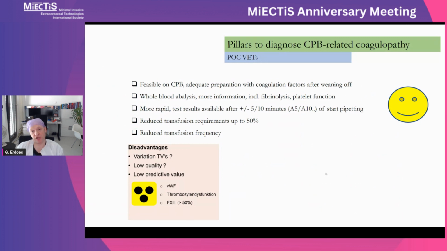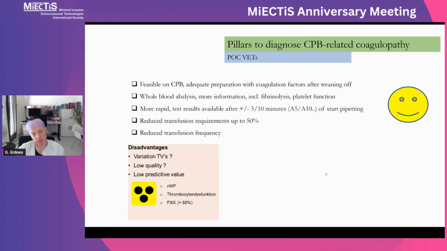So what are the pillars to diagnose CPB-related coagulopathy? These are the point-of-care viscoelastic tests. They are feasible on CPB, so you can have the test results just after weaning from bypass.